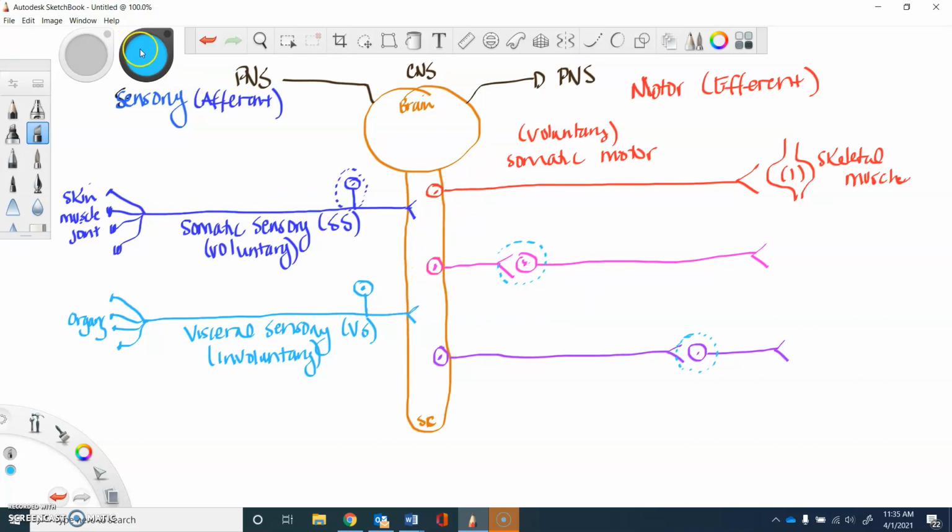Okay, so these 2 neurons make up something called the autonomic nervous system, the ANS. So the ANS is the autonomic nervous system, and they innervate organs.